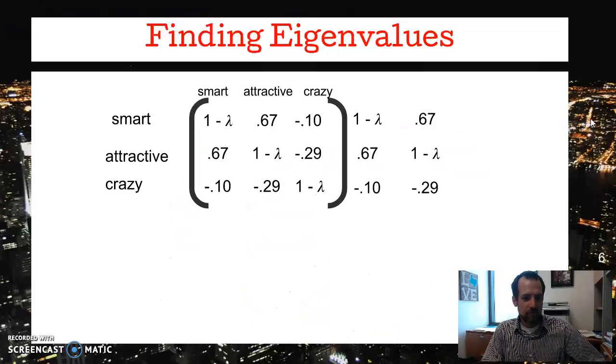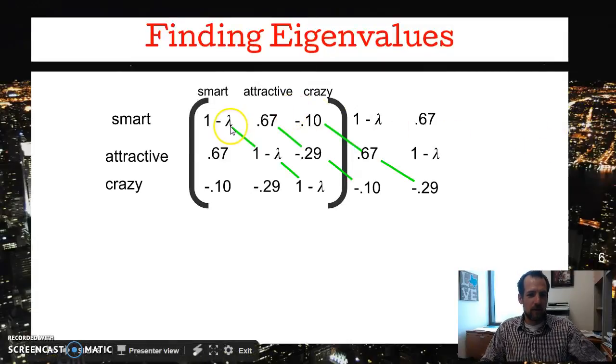And so the way that works is it's going to be done in rows. So you're going to multiply this part of the matrix times this part of the matrix times this part of the matrix. Same thing here. 0.67 times negative 0.29 times negative 0.10, and so on.